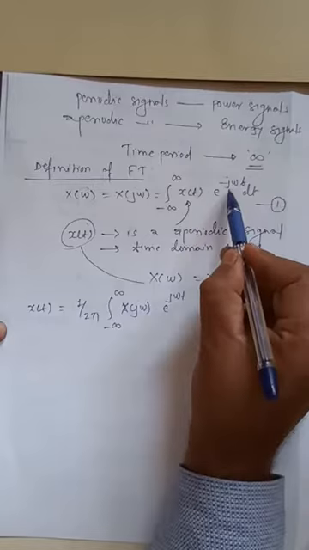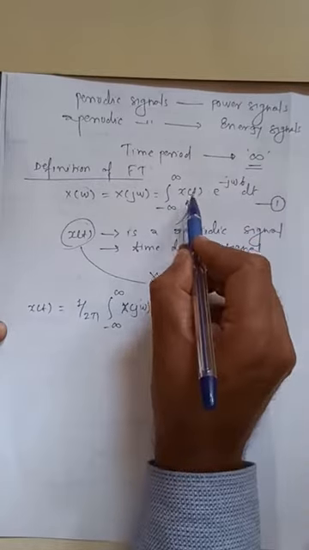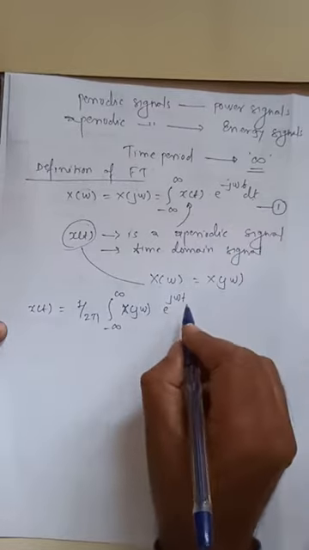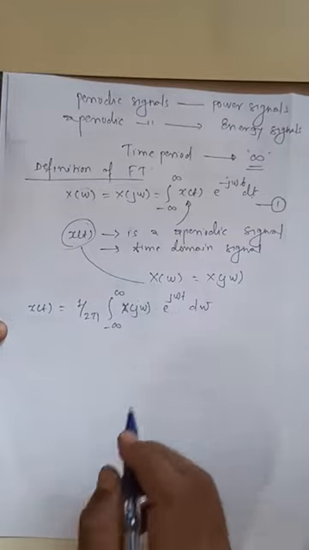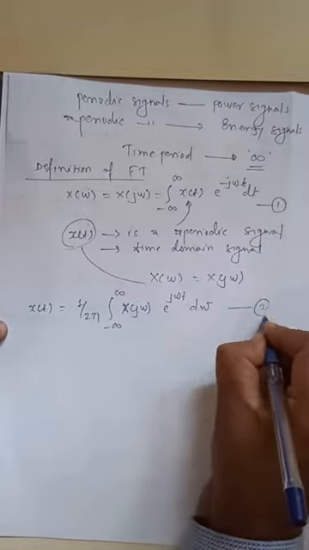Here, instead of minus j omega t, we are using plus j omega t. The x of t is replaced with x of j omega, and dt is replaced with d omega. So we are integrating with respect to d omega, that is equation number 2.